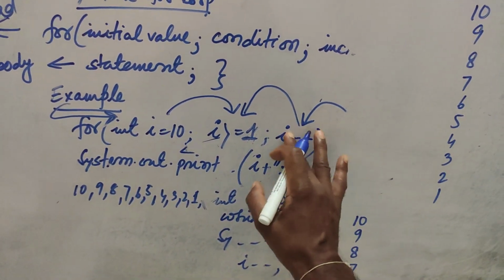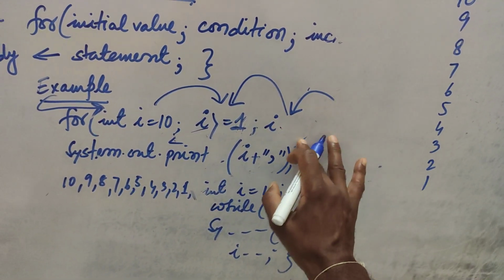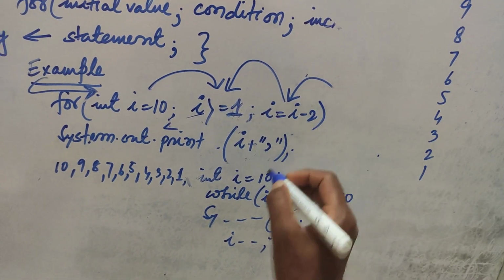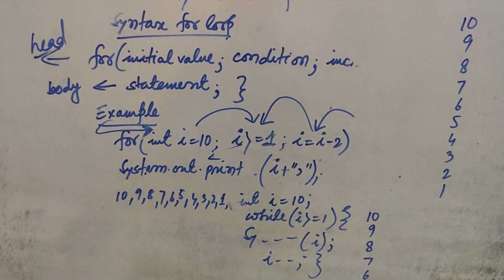Clear? If I write here I equal to I minus 2, then what results will come?